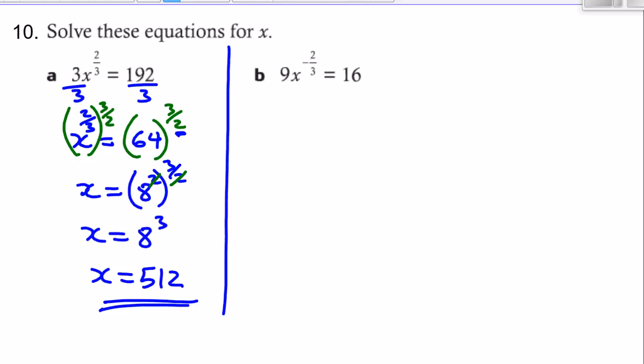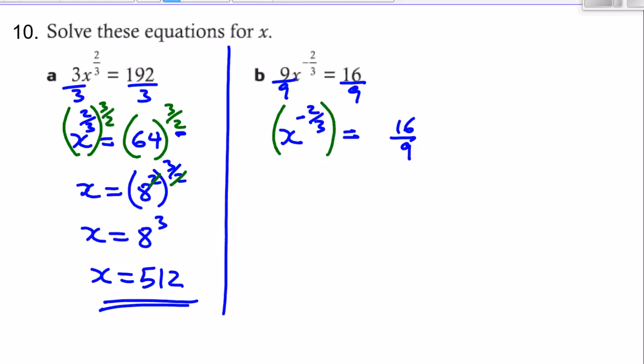For B, same method, start by dividing by 9. So x to the power of negative 2 over 3 will be equal to 16 over 9. So I'll just write it as 16 over 9.